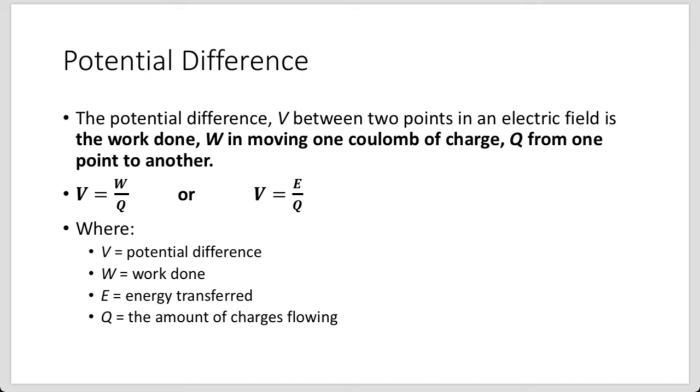Practically speaking, the question will be the same, because both work done and energy transferred are measured in joules. Sometimes you see the words energy generated, amount of energy used, amount of energy moved, or amount of work done. These all mean the same thing, the amount of energy. And Q is the amount of charge flowing, in other words, how many coulombs are flowing.